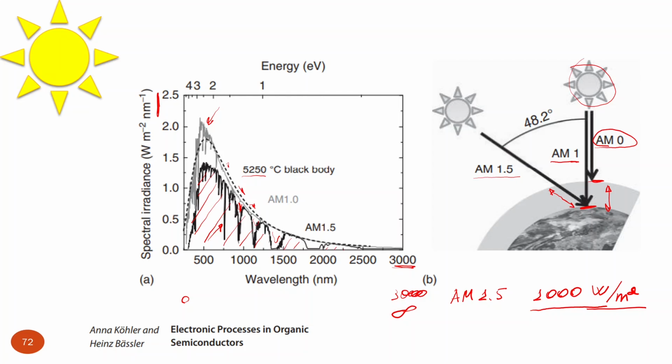It's per nanometer. So you can pick any wavelength and check, in this narrow wavelength region, plus minus delta lambda, how much light at this given wavelength is coming to the surface of the Earth. You just have a very narrow integration range.